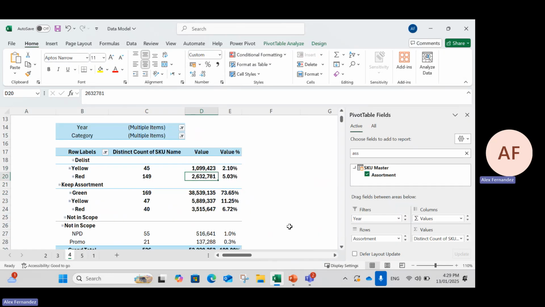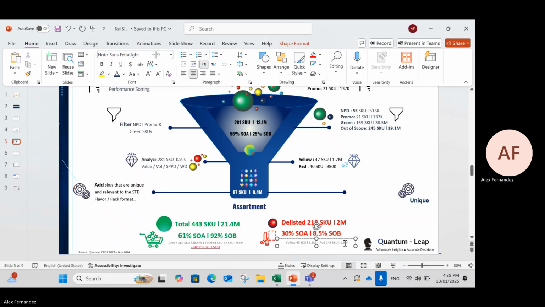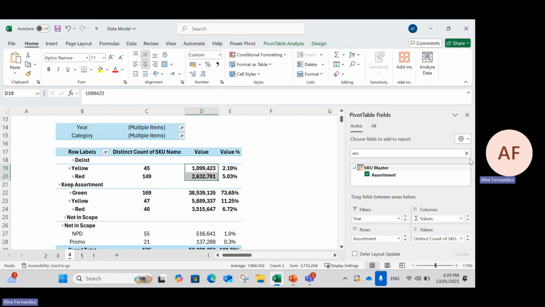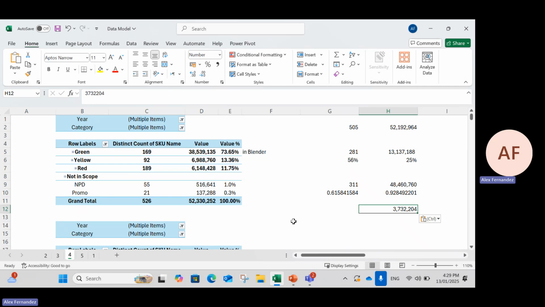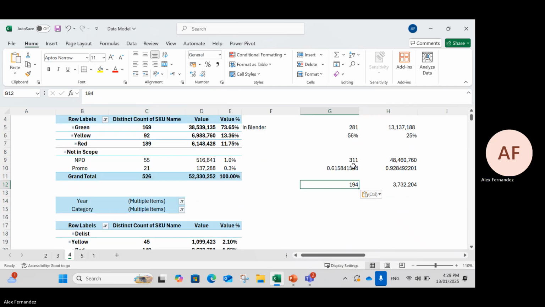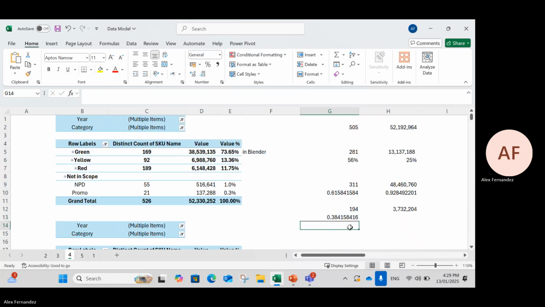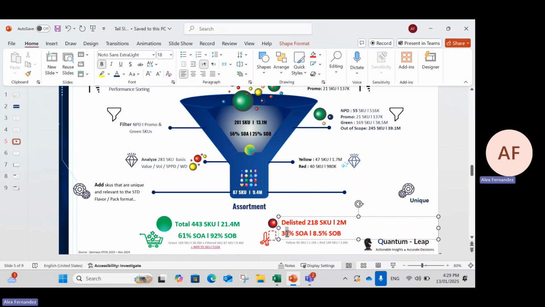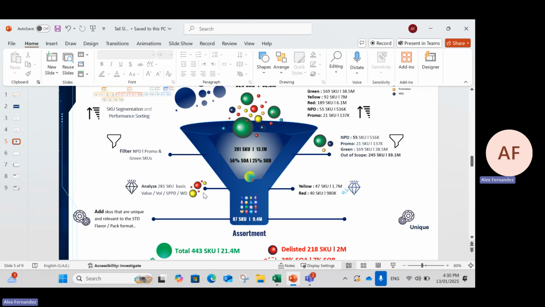And the red is 2.6 million. Which is a total of 3.7. And put here the 3.7. And here the 194. This one should be 38% and 7%. So 38% share of assortment is generating only 7% share of business. And that's it. We have finished the first slide.